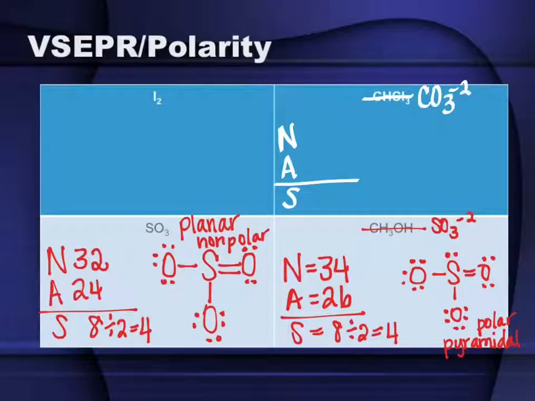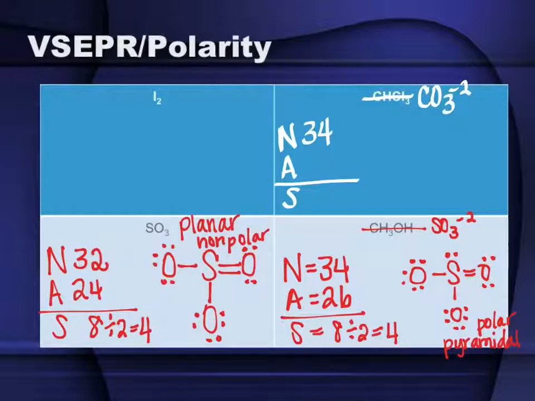So needed, available, shared. So this one we need 3 times 4 times 8 is 32. 34 are needed. How many are available? We have 6 times 3 is 18.